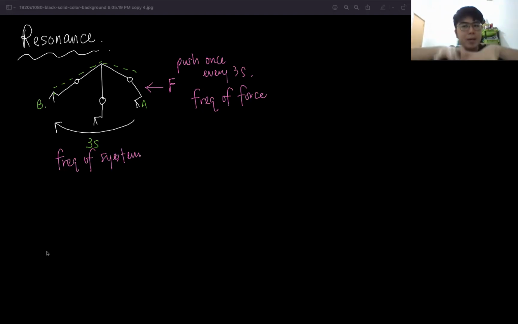The amplitude builds up over time, and what happened then? The bridge collapsed, and all the soldiers fell down to the sea, right? So that is what happened back in those years, okay, and this is due to what? Due to resonance. It is because the oscillating force has the same frequency as the vibrating object.